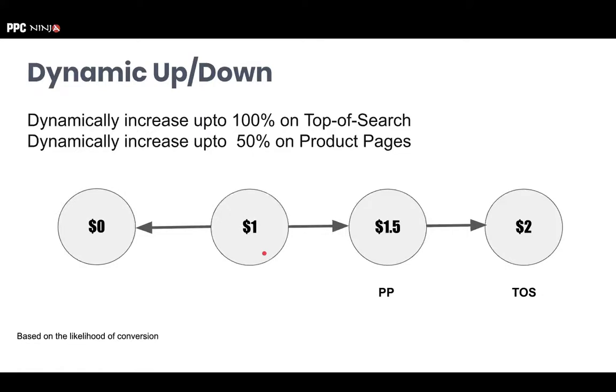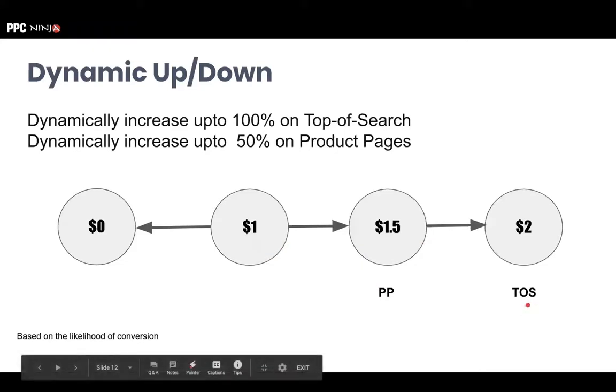Then comes the case of dynamic up and down, where the dynamic increase is going to be up to 100% for top of search placements, and it will increase up to 50% on product pages. So if there is a $1 base bid, you could go down to 0 for the down part of it, and for the up part of it, on product pages, your bid will go up 50%, so that's $1.50.